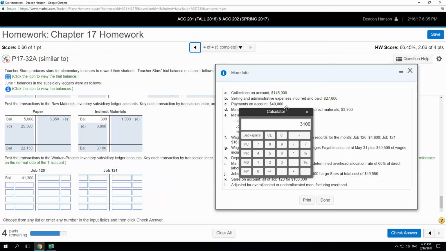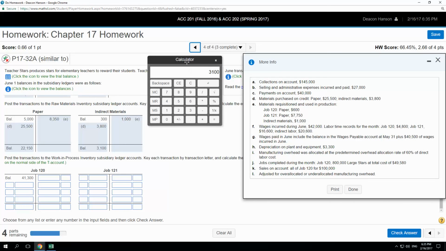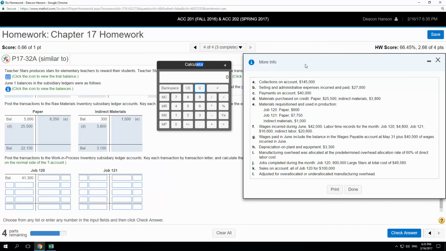Now they want me to look at it by job. Okay. So we'll keep our transaction information up over here. And the first time materials are put to a job is in item E, right? And job 120 gets 600 of direct material.